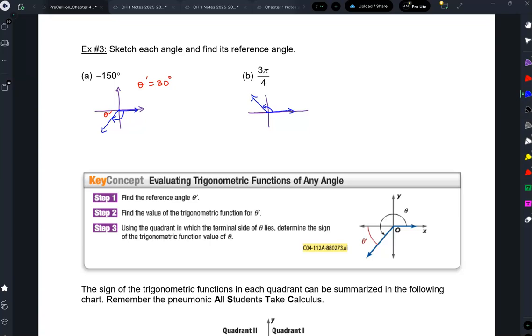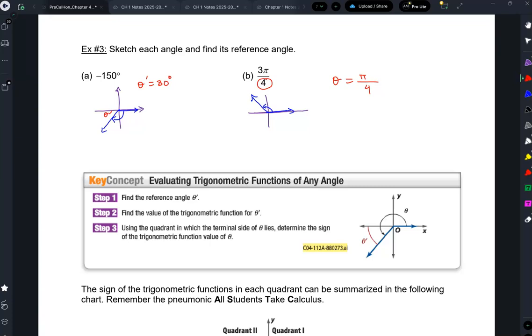For these angles in radians, if it's a reduced angle, the reference angle is just pi over that denominator. Because it's got to be a full pi. From here to here, it's a full pi. This is 3 pi over 4, then you only have 1 pi over 4 left.